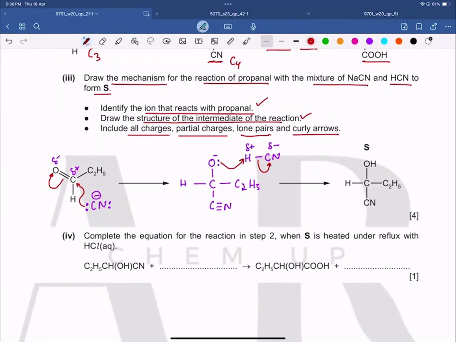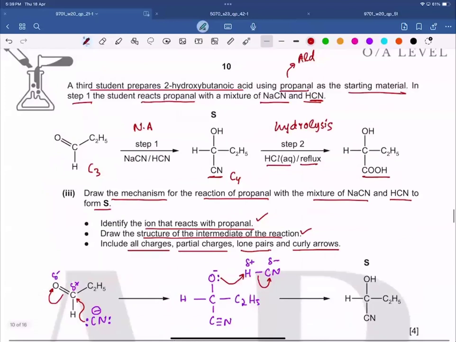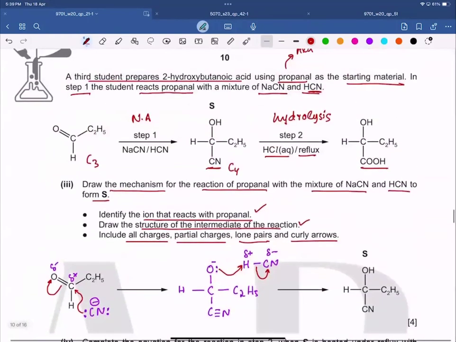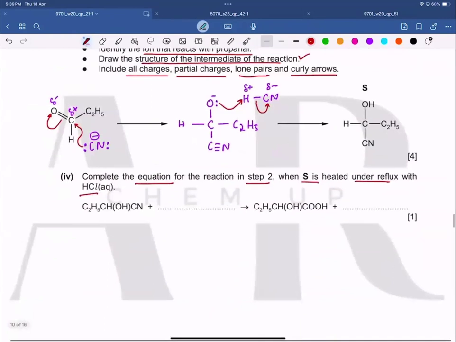Okay, now complete the equation for the reaction in step 2. When S is heated under reflux with HCl. So which reaction is it? Hydrolysis. And what have we used? HCl. So for a complete equation we are going to write HCl and then water.